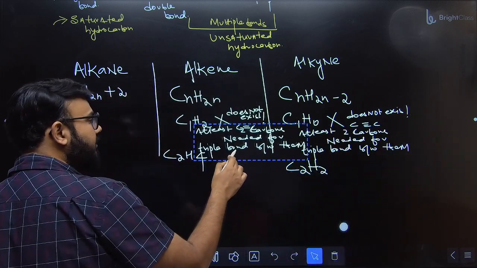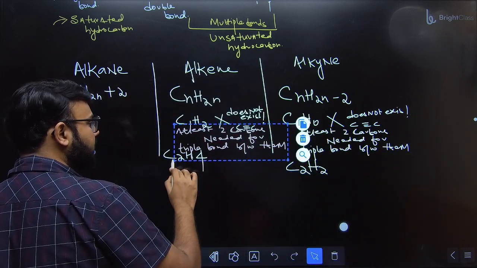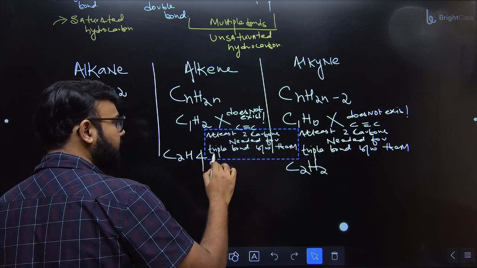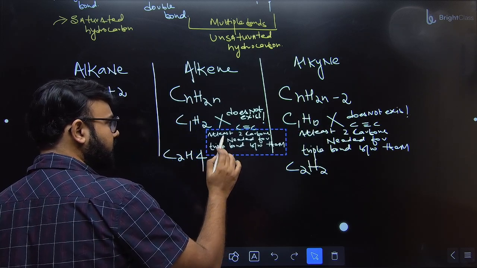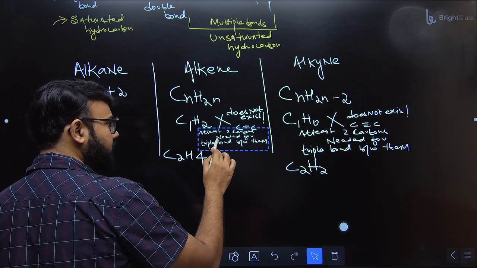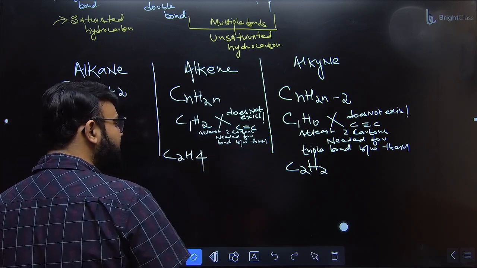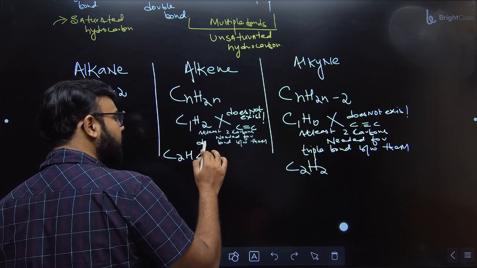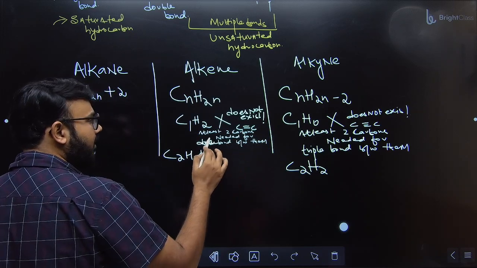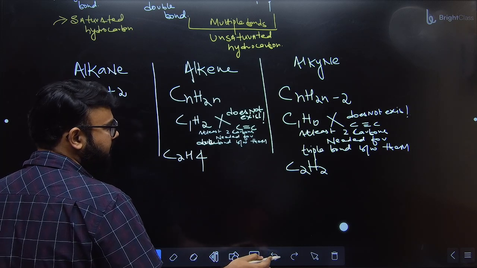So same reason you can put it here, and in place of triple, you put double. I think you all got it, right?